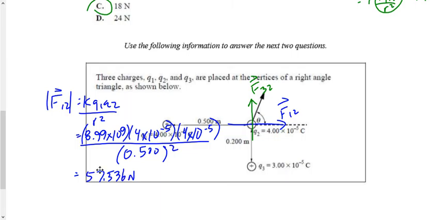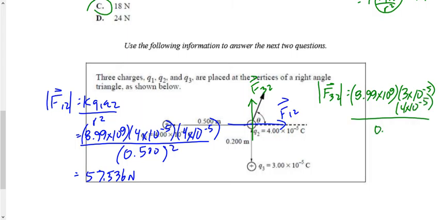Now let's get the value of F32. It's 8.99 times 10 to the 9 times 3 times 10 to the negative 5 times 4 times 10 to the negative 5 divided by 0.200 squared.